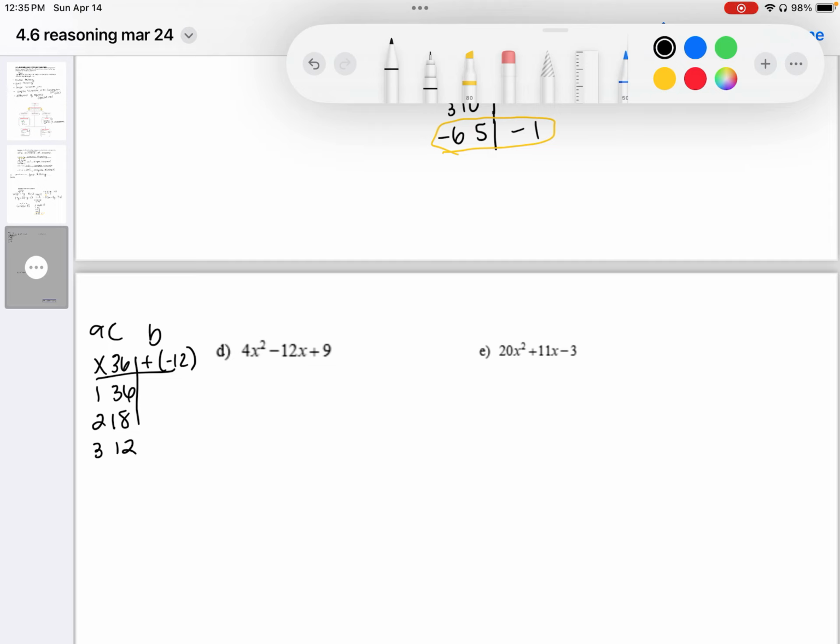So really, even the 3 and 12 isn't going to get us negative 12, but we're getting closer. 4 and 9 is 13. We're almost there. So then 6 plus 6, I have to extend my chart. There's so many factors. 6 plus 6 will give you 12, positive 12. We want negative 12. So we need negative 6, which is going to give us negative 6 times negative 6 will give us positive 36, and negative 6 plus negative 6 will give us negative 12.